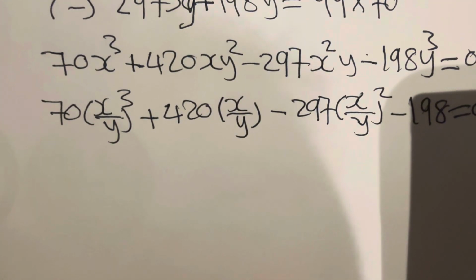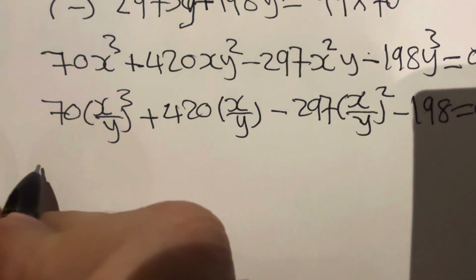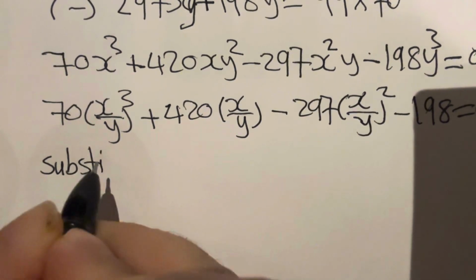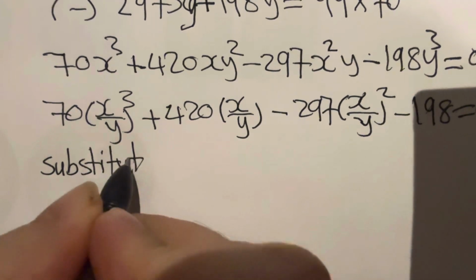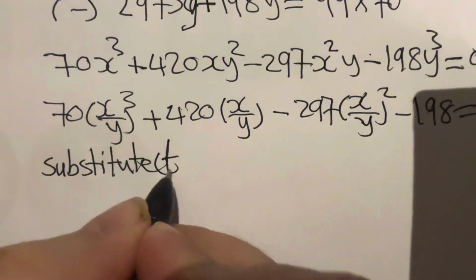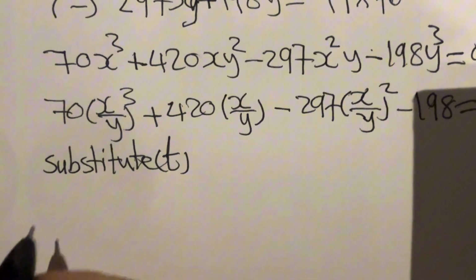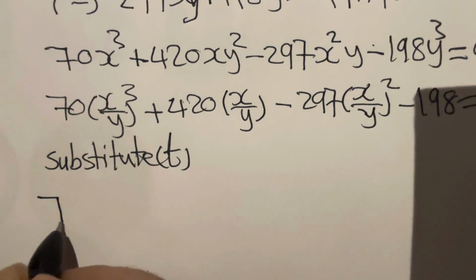So if we substitute t into the equation, we get 70.